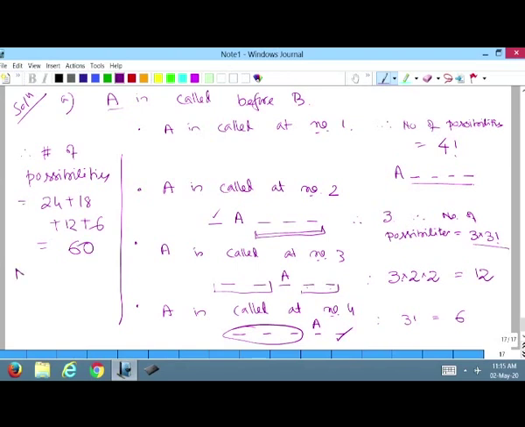Now, the total number of permutations of 5 candidates is factorial 5, which is equal to 120.